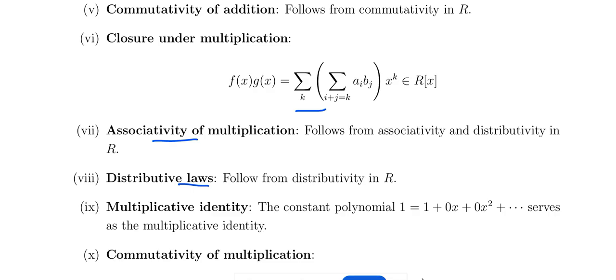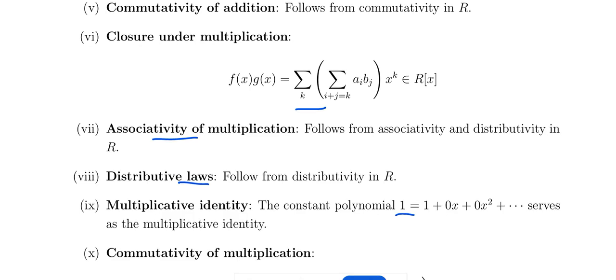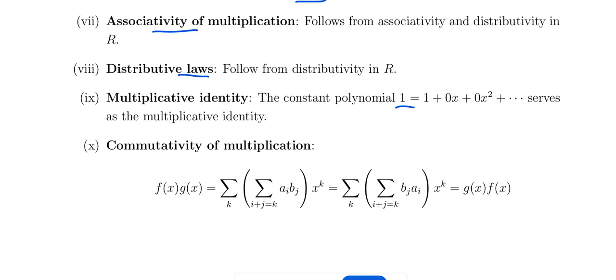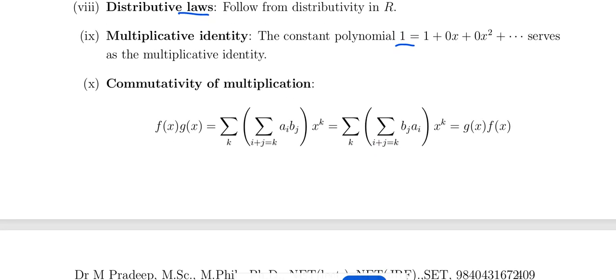The multiplicative identity is 1 plus 0x plus 0x squared and so on. And the commutative property: f(x) times g(x) is always equal to g(x) times f(x). So R[x] is a commutative ring with unit element.